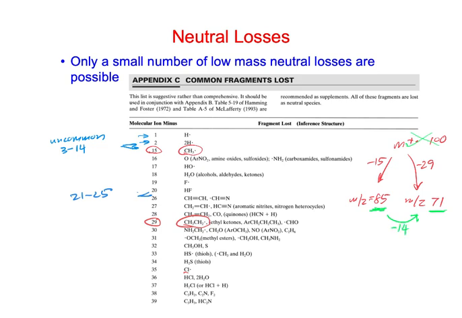It's minus 14, but 14 is an uncommon loss from a molecular ion. 14 is typically a CH2 group, but you can't just lose a CH2 group out of the middle of a molecule. All right, so this would tell us that this is not the molecular ion, right? Because it doesn't satisfy the criteria that we talked about.